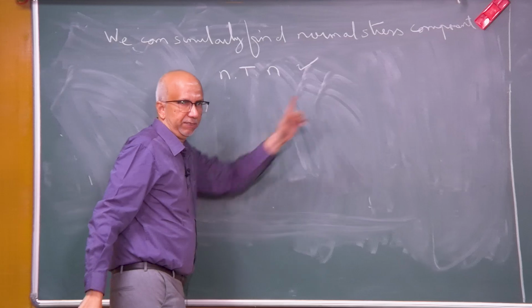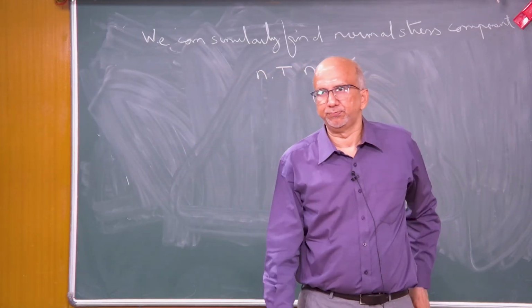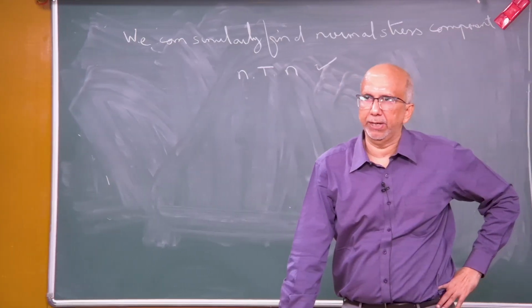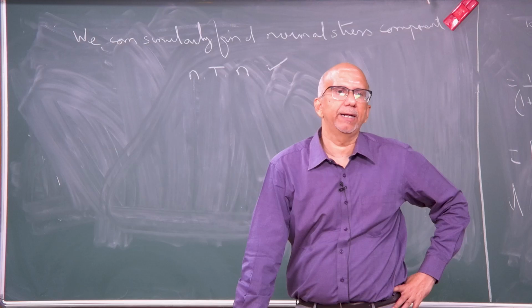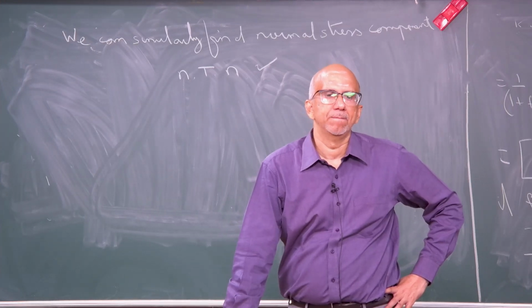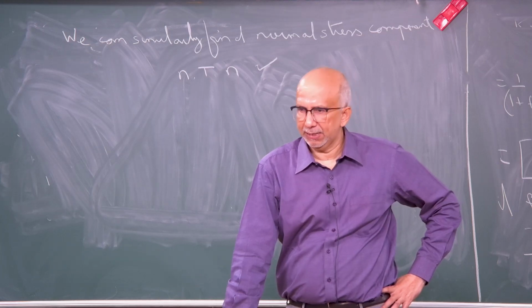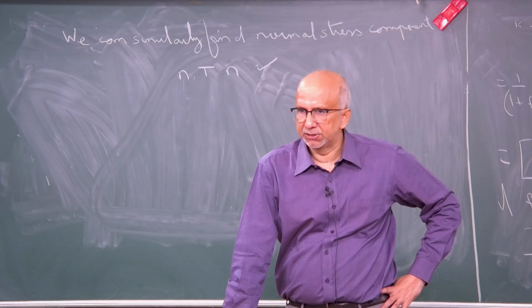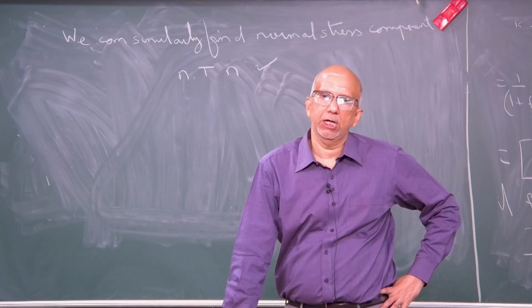The third vector will now be n, not small t. So, this is just to tell you that small n dot capital T has applications in formulating boundary conditions in a general sense, and this is how you would use it.